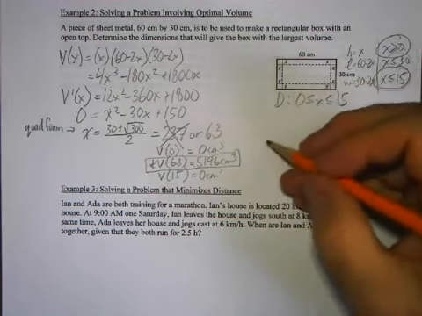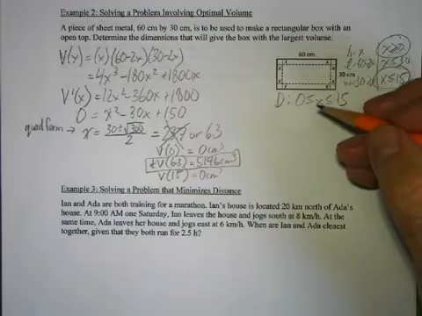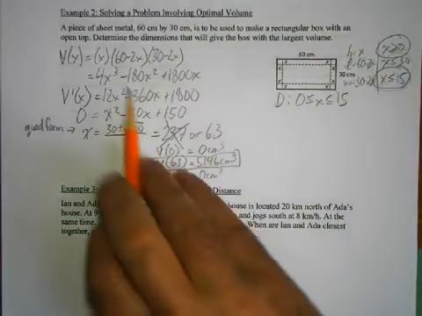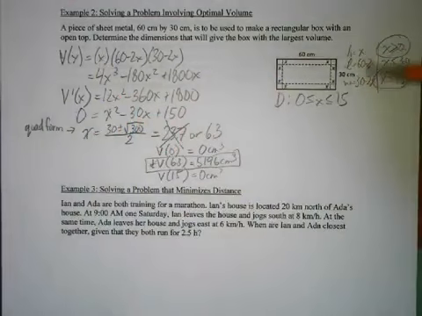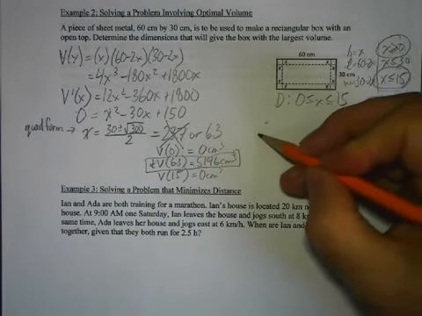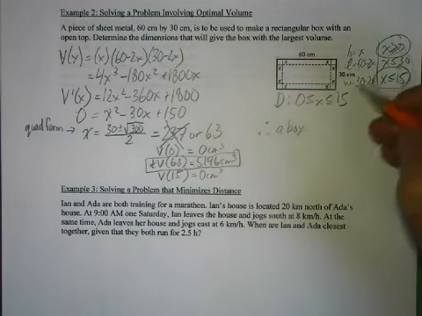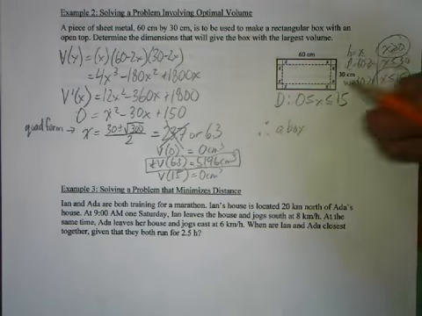So x being 6.3 gives us the largest possible volume. If I plug that back into these three dimensions, therefore our box, 6.3 would be the height.